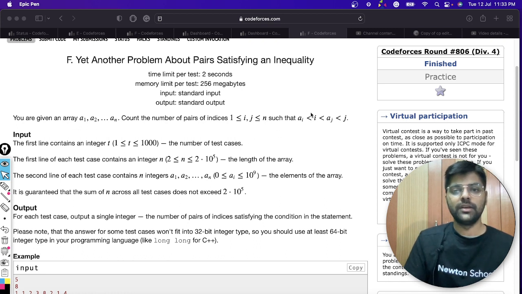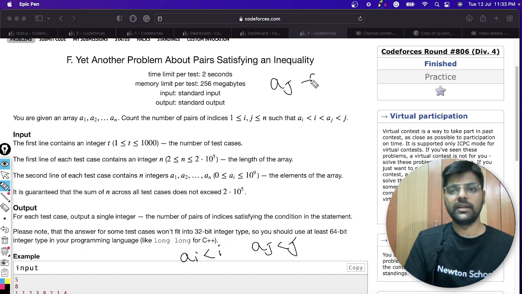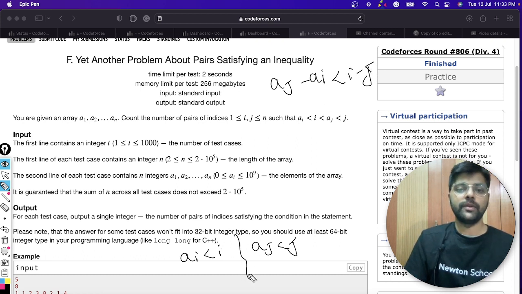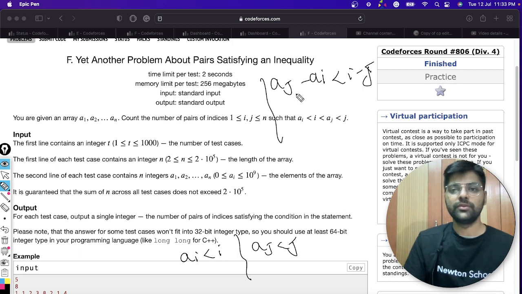This is very simple. Let's say ai less than i is given, aj less than j is given. Something might be given like aj minus ai less than i minus j, this kind of inequality you will get. Then in this kind of problem, what we have to do is move j to one side: aj plus j less than i plus ai.